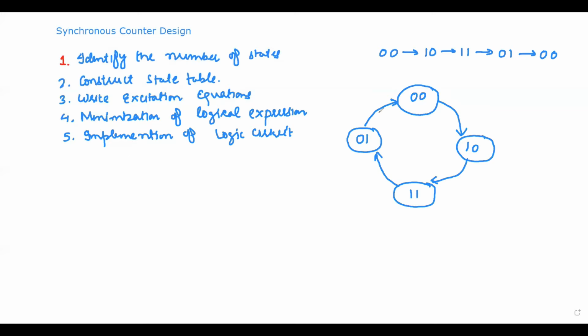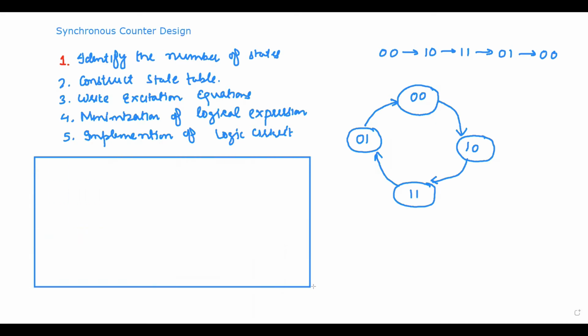We have identified the states. Now the next thing that is important is the construction of the state table. The state table will be like this.